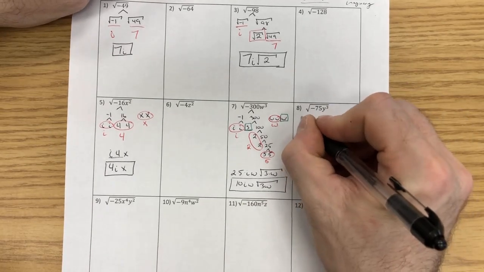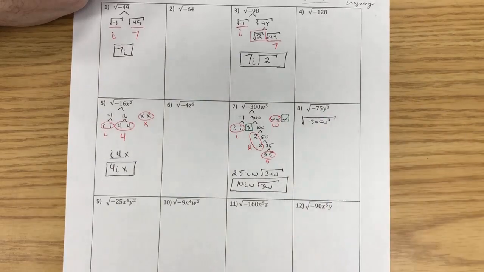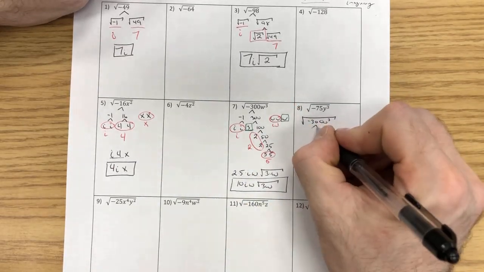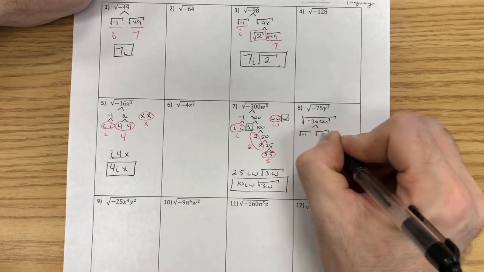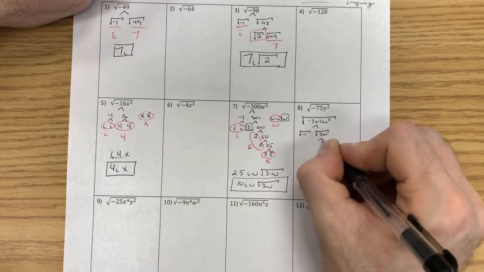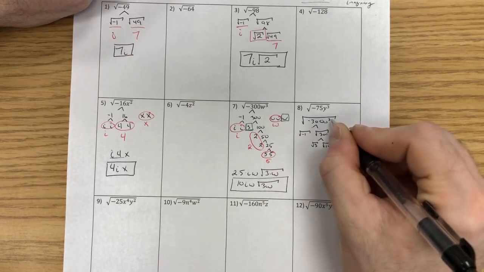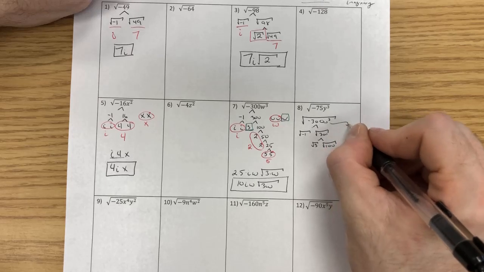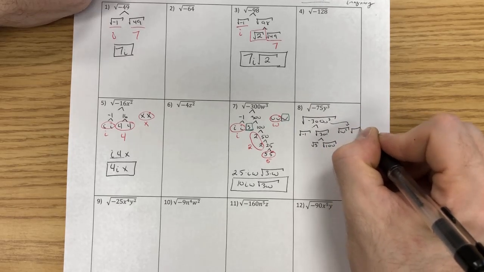I could have alternatively done this question. Let's say I take the square root of -300, w cubed, and I do it like we did in number 3. And I say, okay, that's the square root of -1 times the square root of 300. That's the square root of 3 times the square root of 100. This is going to be the square root of w squared and the square root of w.